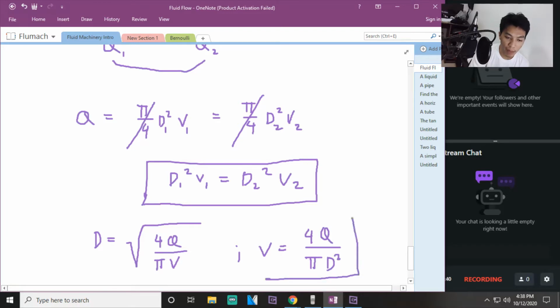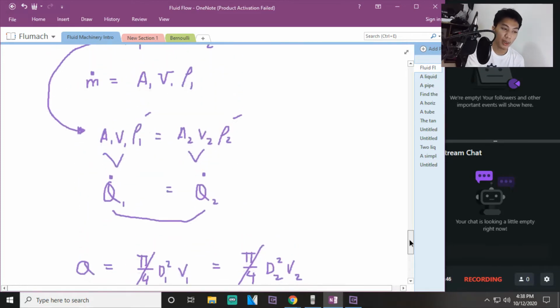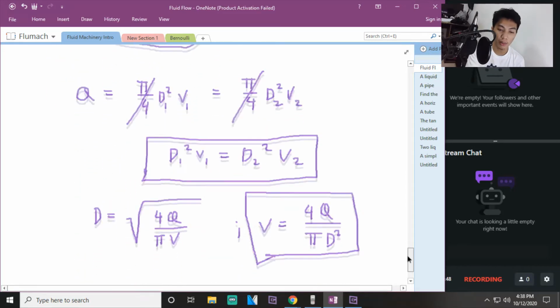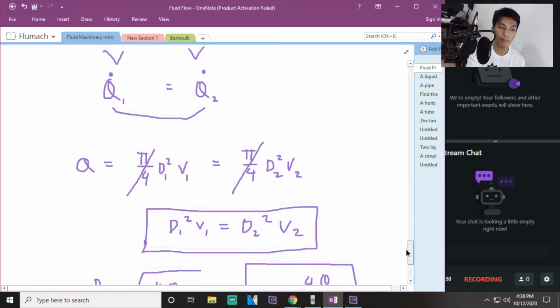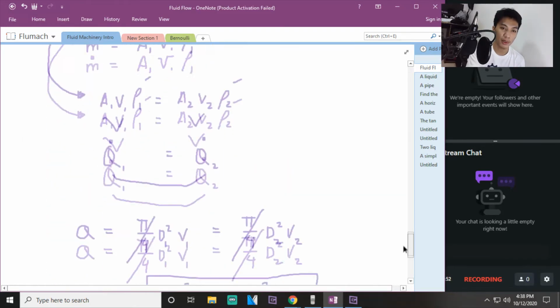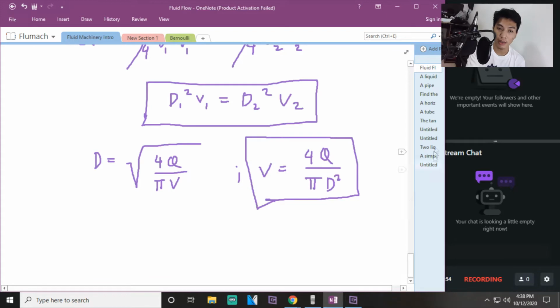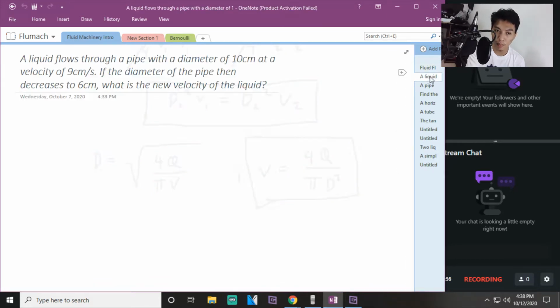Ngayon, magagamit mo ito palagi kapag pumunta ka na ng Bernoulli equation. Pero now, gamitin lang muna natin siya pagdating ng ating fluid flow through pipes. So, isolve natin. From 1 to 5 muna.